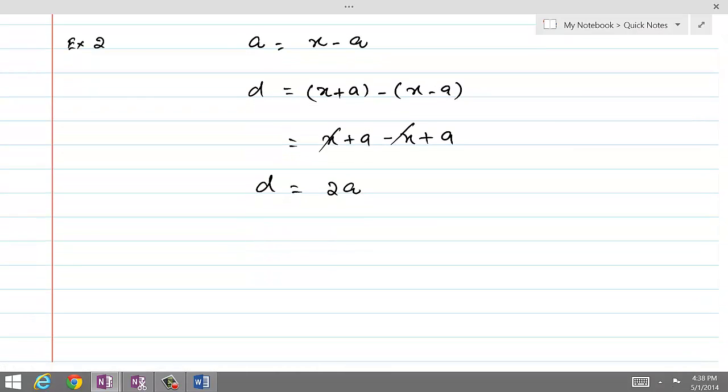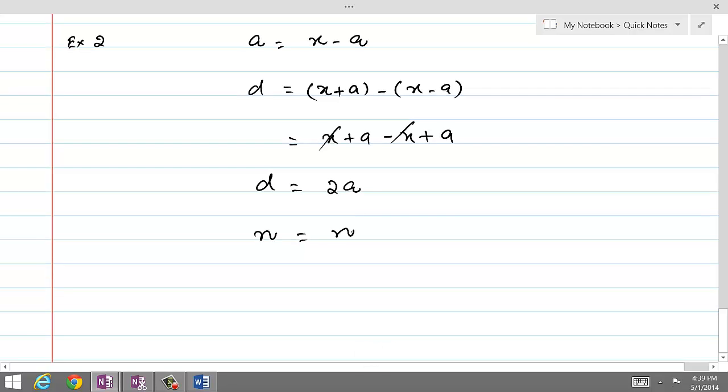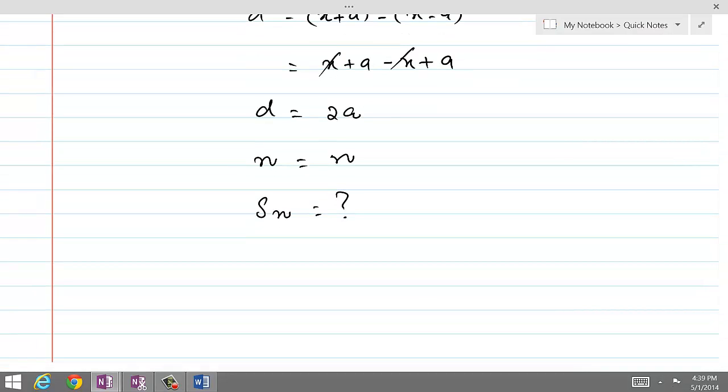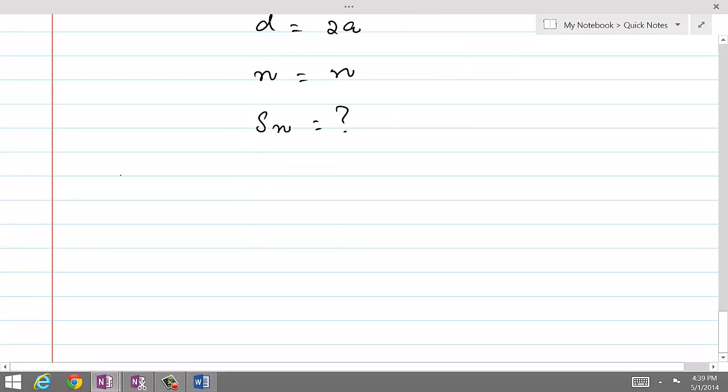Now we have a as well as d. We are required to find the sum of n terms, so n is n, and let's find Sn. We'll use the same formula to find the sum of n terms, Sn equal to n by 2 into 2a plus n minus 1 into d.